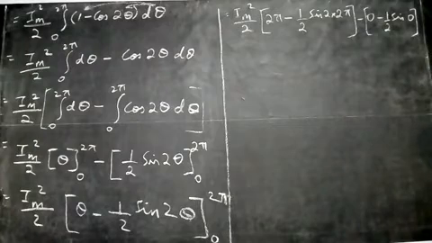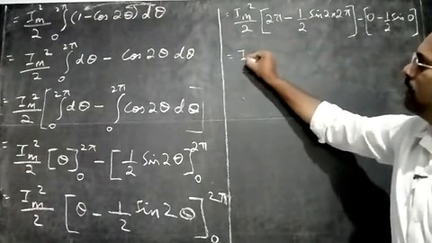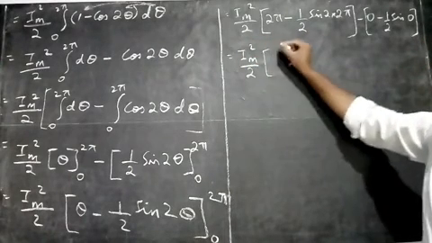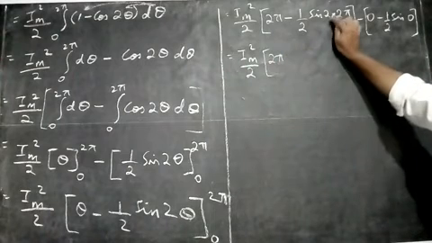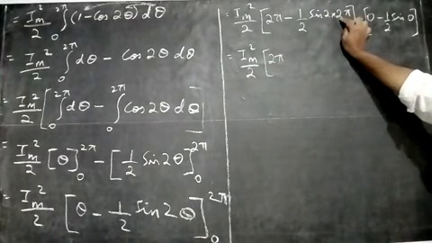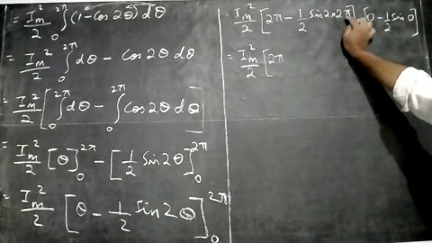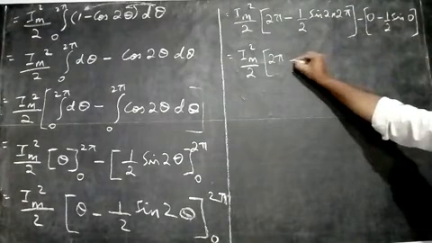Now let us see what we get here. The 2π we write as it is, so Im square by 2 into 2π, and then minus half sine of 4π. Sine π means 180, and sine 180 is 0, so this full term becomes 0.